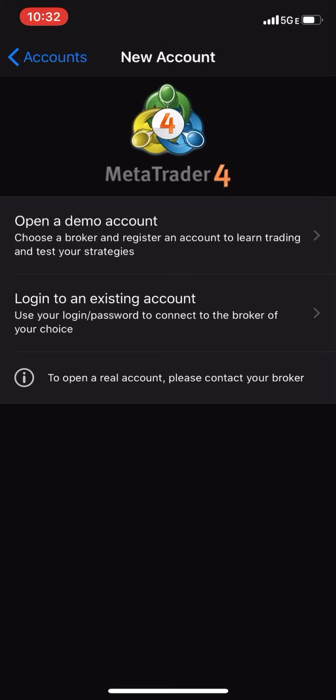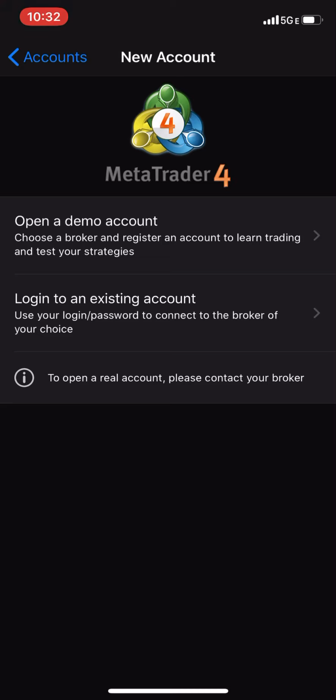Now, there are other platforms out there beyond MetaTrader that you could use. In this specific instance, we're going to be taking a look at the mobile version. It's available in both Apple and Android, but there are also computer versions of MetaTrader, and they generally are offered to you through your broker.